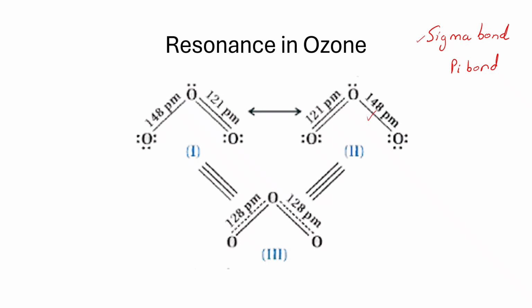So when we refer to just a single bond between two atoms, that is a sigma bond. How exactly is a sigma bond formed and what makes it distinct? That's something we will discuss towards the end of the unit. Any bond that is formed between two atoms after the formation of a sigma bond is a pi bond.